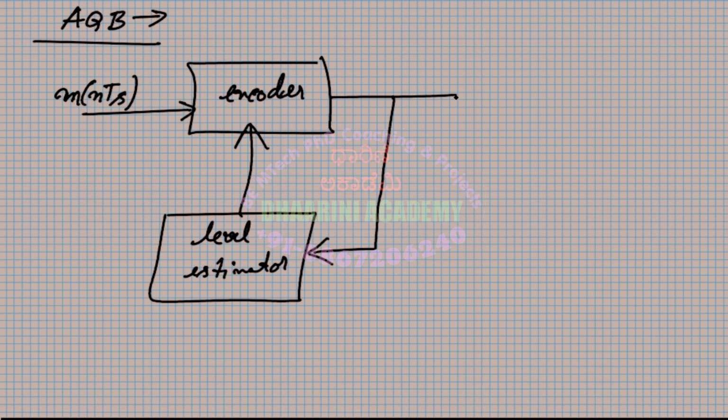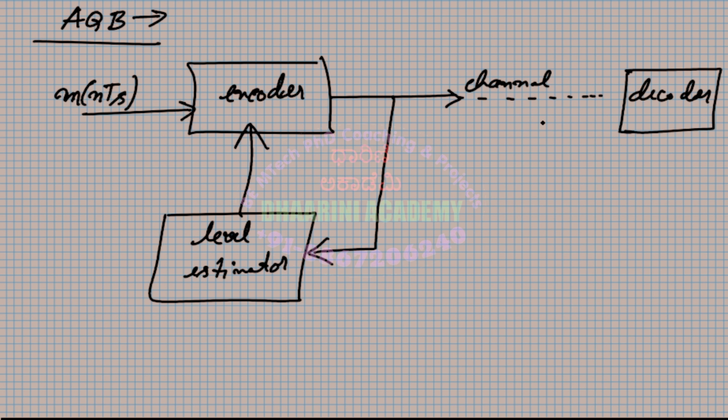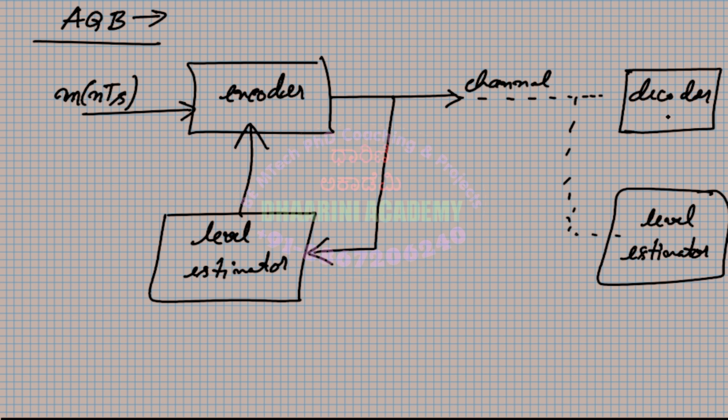Then this itself is a channel. And maybe I can write the other part as well. Even in the decoder, we'll be doing the same thing. Whatever comes here, give this to a level estimator. That will provide you an output.